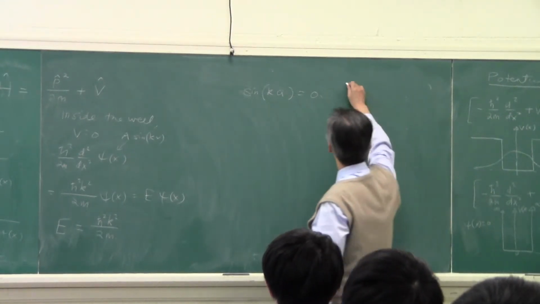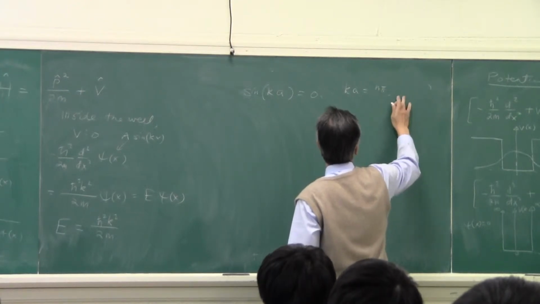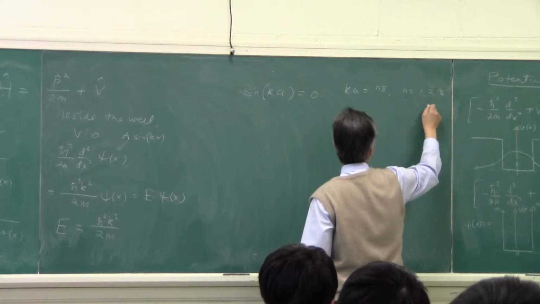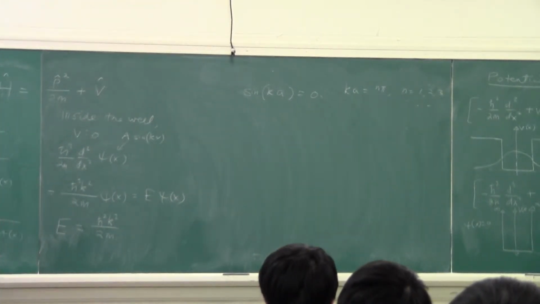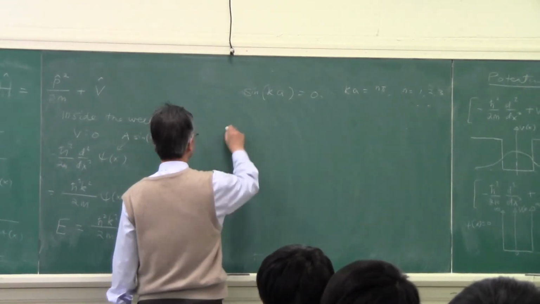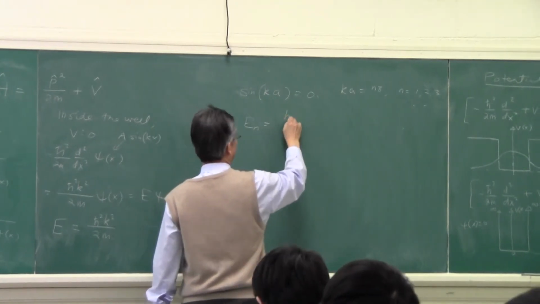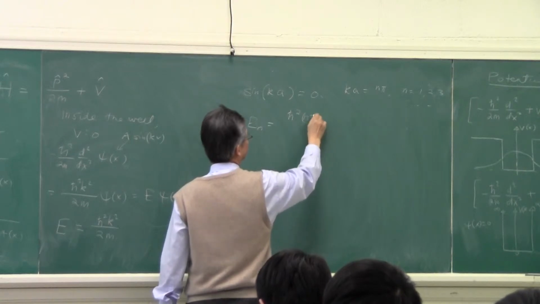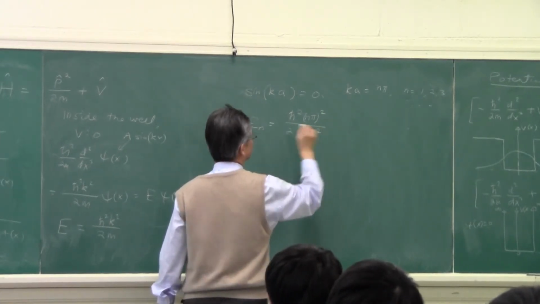So this gives me ka is n pi, where n goes from 1, 2, 3, and so on. So k takes on discrete values. Because k takes on discrete values, my energy also follows the value of k in that manner: (n pi) squared over 2m a squared, times ħ squared.